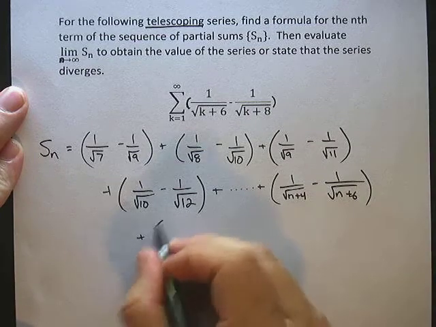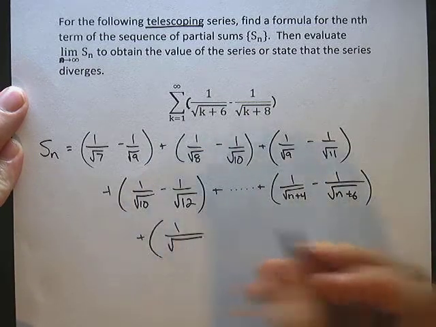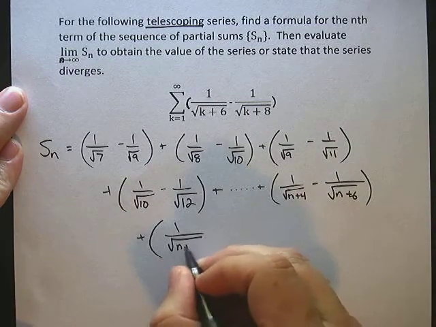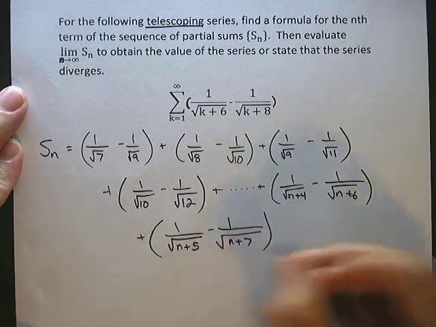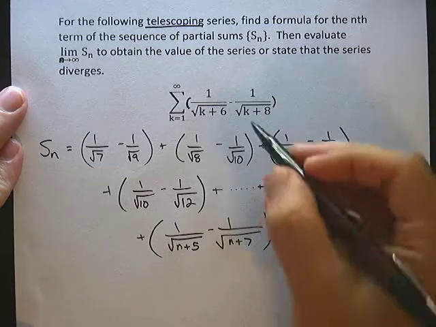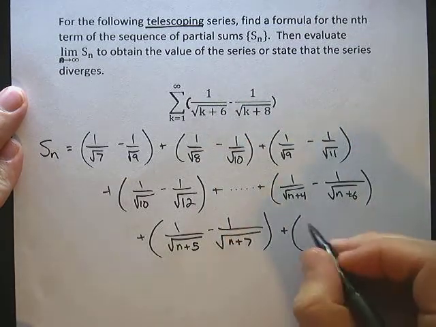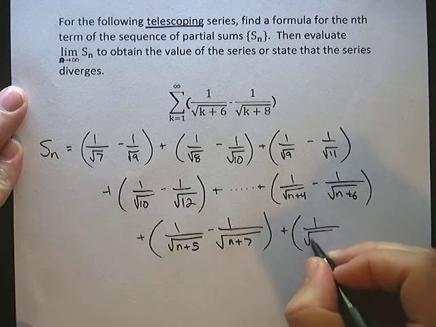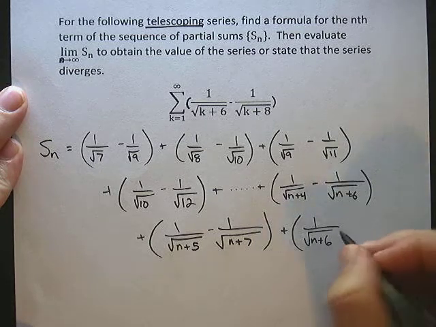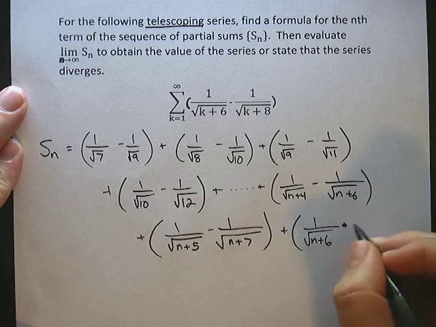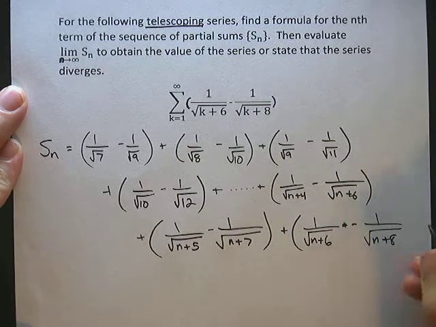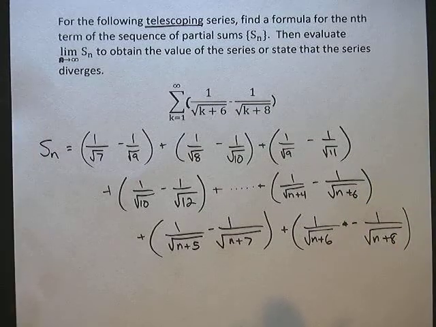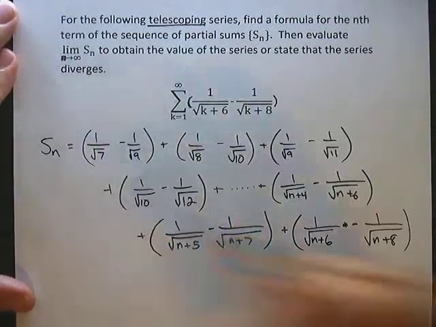The next term would be 1 more than the last term, so n plus 5 minus 1 over the square root of n plus 7. And then our last one, when we plug in an n, would be 1 over the square root of n plus 6 minus 1 over the square root of n plus 8. So it's a partial series that goes to n.